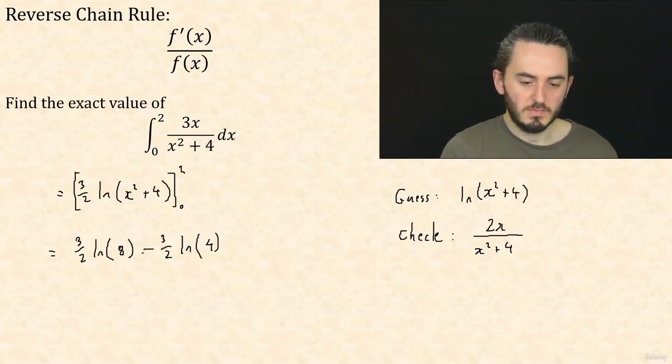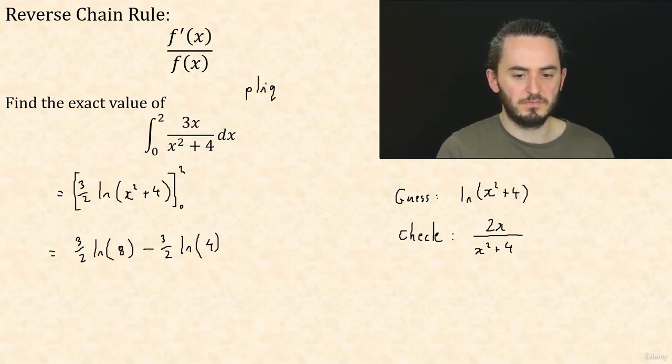Okay, now we could, I guess, in this question just leave it there, but very often questions say find the exact value of an integral, and they'll say give it in the form, for example, p ln q. So like a single logarithm, or a single amount of a single logarithm.